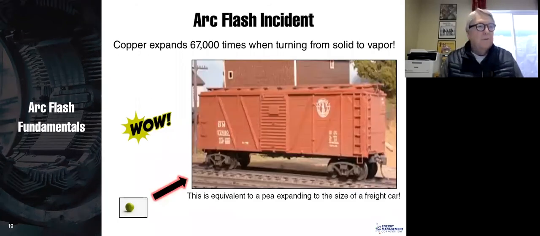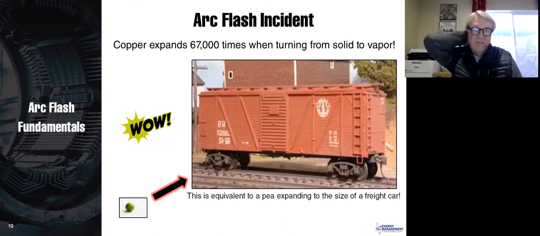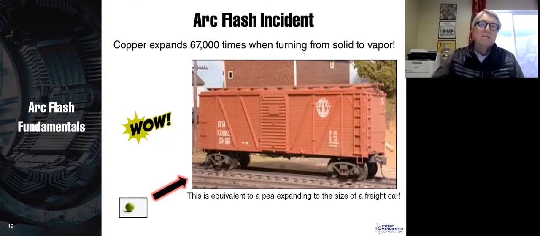This is copper to vapor. Some of that copper may go to liquid and end up as shrapnel or flying droplets of copper. Others actually vaporize. And when it vaporizes, that little piece of copper can expand 67,000 times its volume. So, example here, a piece of copper the size of a pea can expand to fill a freight car.